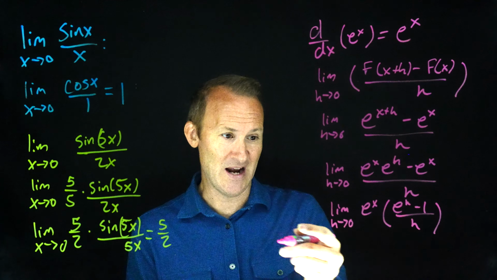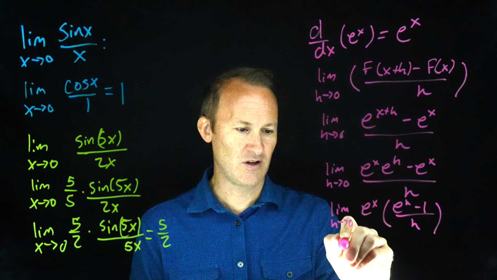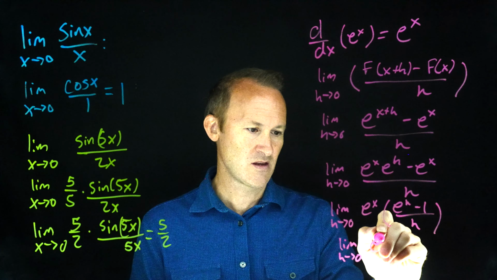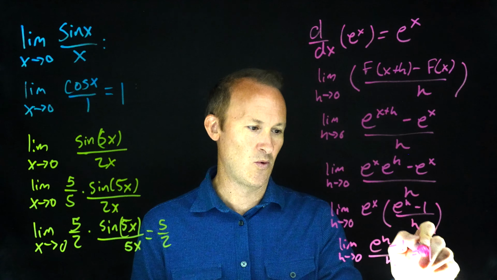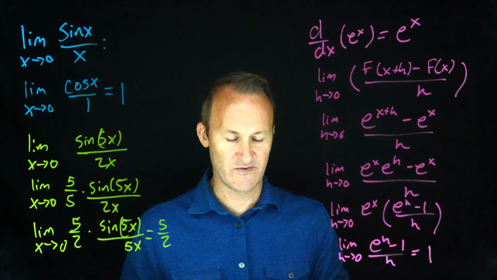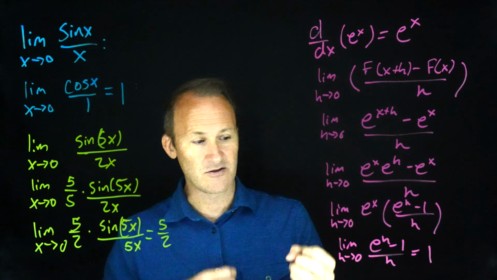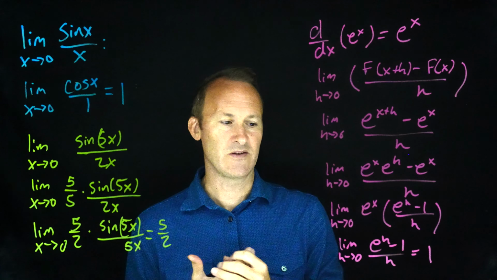So you can pull that out, and what we're left with then is that the limit as h goes to 0 of e to the h minus 1 over h equals 1. So this is given as an alternative definition of e to the x. And you can start from there and arrive at, therefore, the derivative of e to the x must be e to the x.